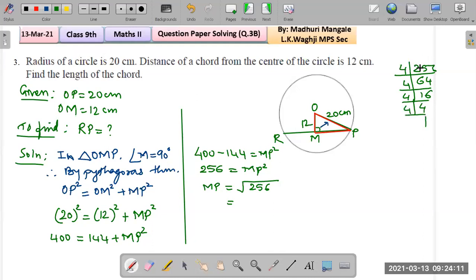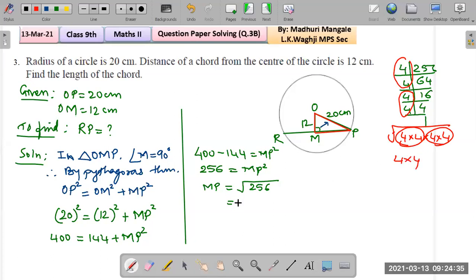Okay, so 256 has factors 4, 4, 4 and 4. And now you can just group them in pairs, and each pair is written only once outside the root. So the root of 4 times 4 times 4 times 4 will be 4 times 4 outside the root.